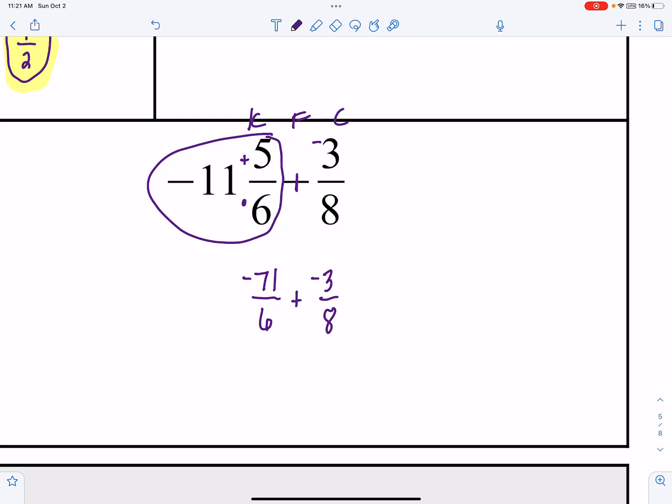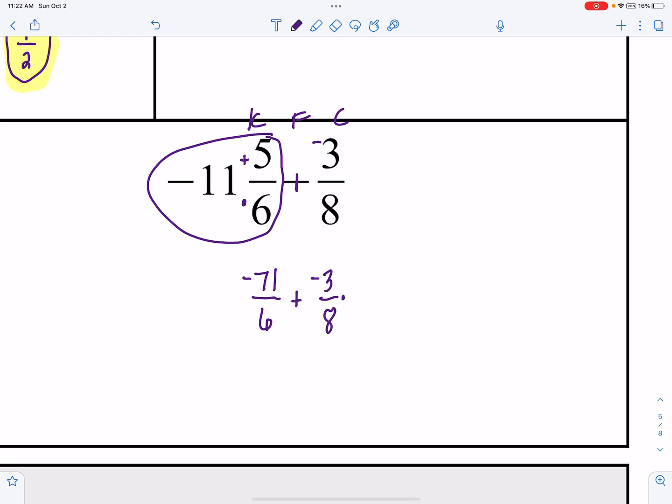I know I can do 6 times 8 and get 48, but let's see if there's anything else. I'm thinking of my multiples here a little bit. I know 6 times 4 is 24, so 24 will be a good one. So let's make 24 our least common denominator.